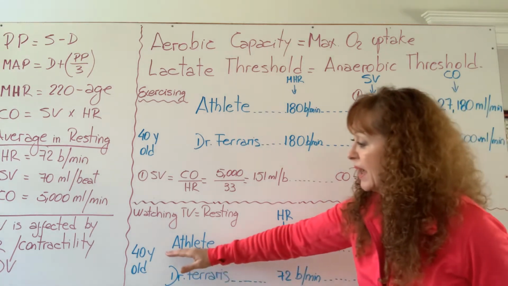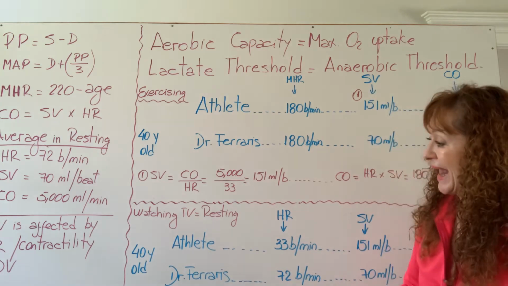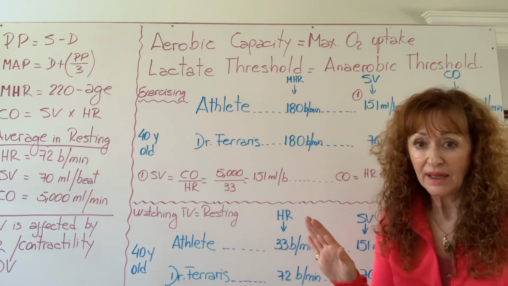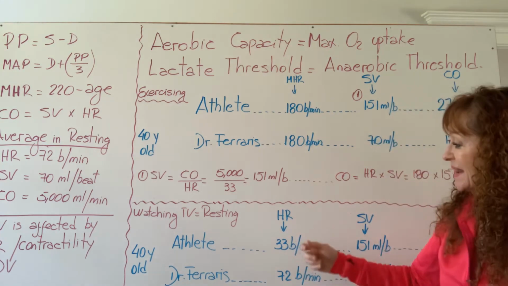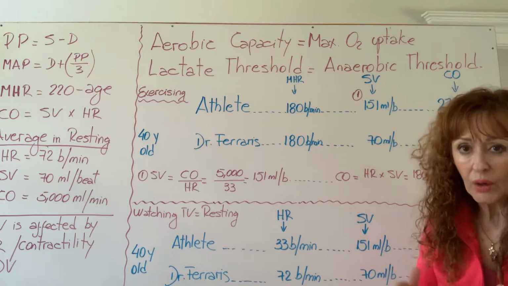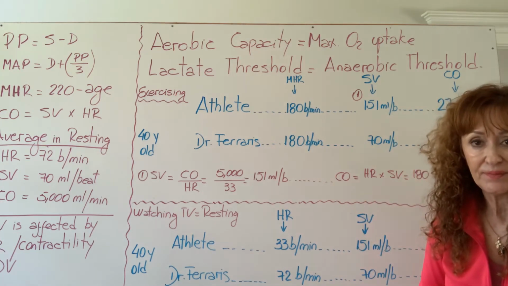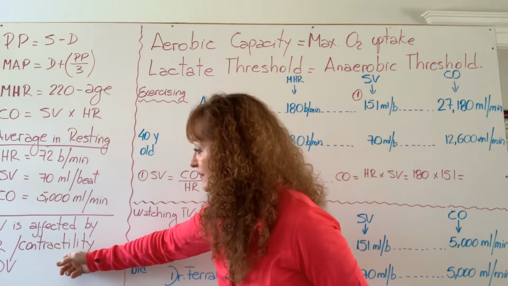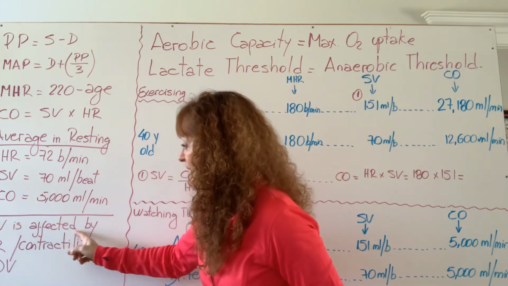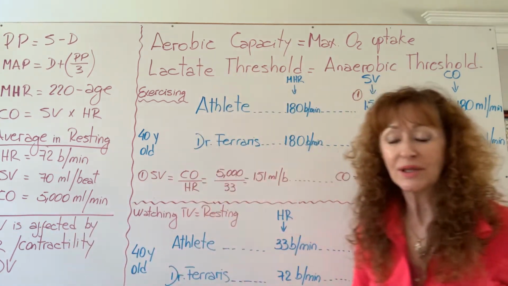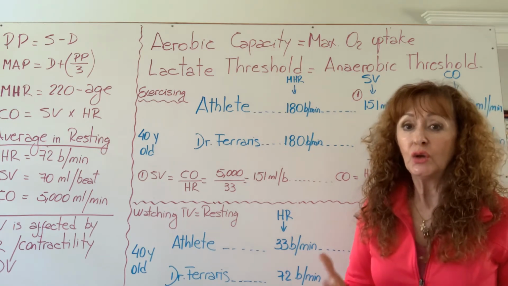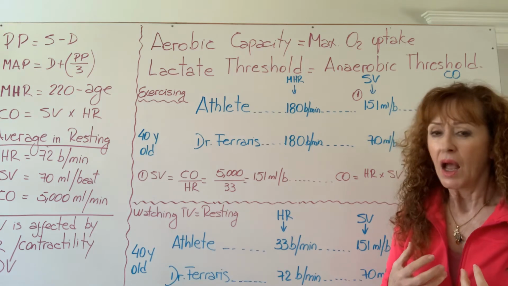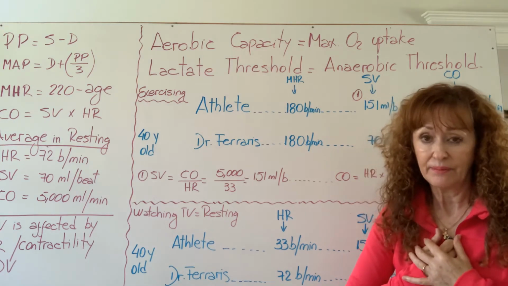If we both are 40 years old, the athlete's heart rate is never a normal heart rate. The athlete's heart rate is always below 60, and that is related to contractility. Stroke volume is affected by contractility. If you are an athlete, your heart muscle, your myocardium, is way stronger than mine.